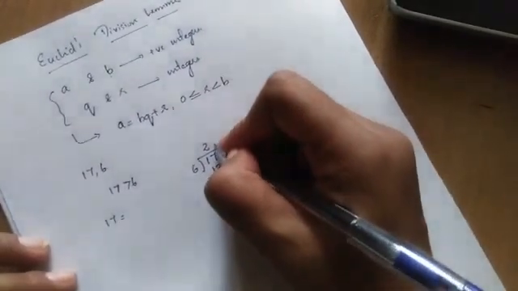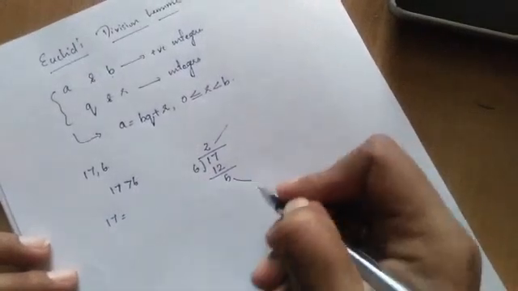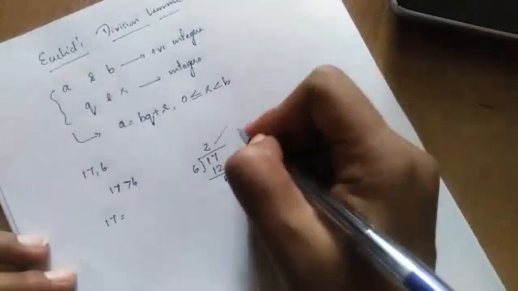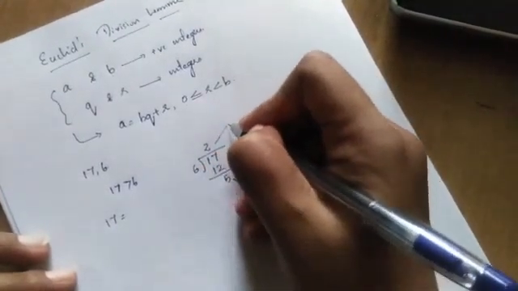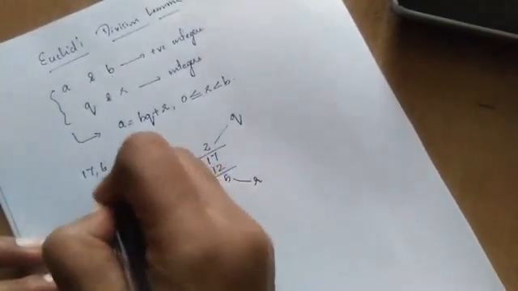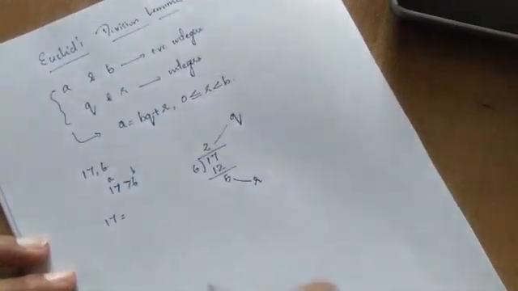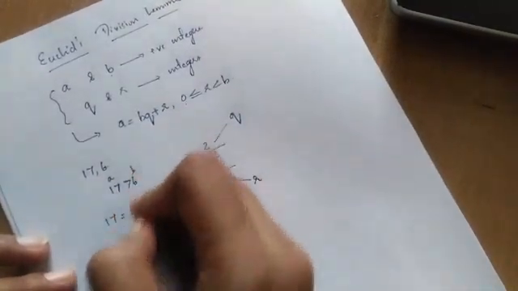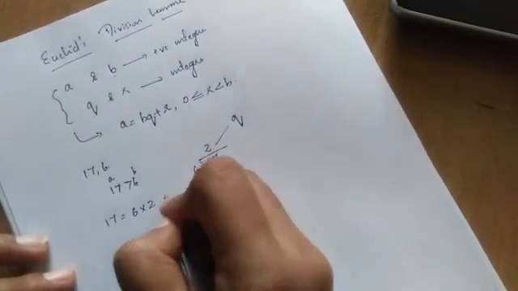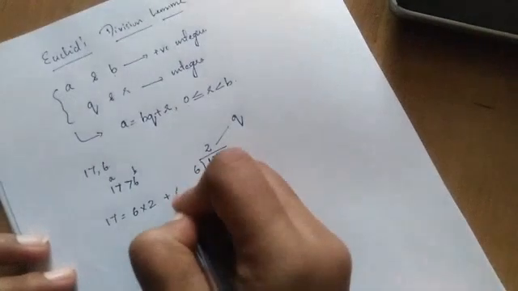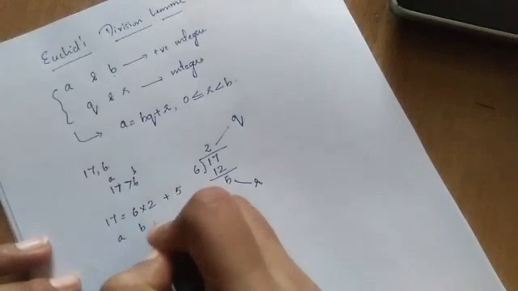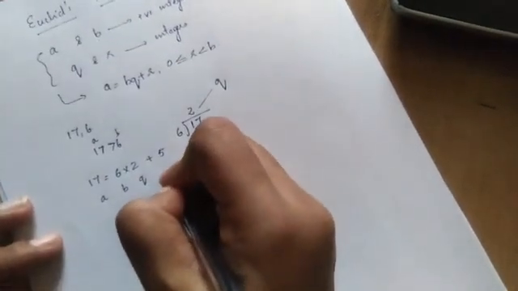Here we get the result as 2 and the remainder as 5. So the value of R is 5 and the value of Q is 2. This value is A and this value is B. So A equal to B into Q, 6 into 2 plus 5. That is R. A, B, Q and R.